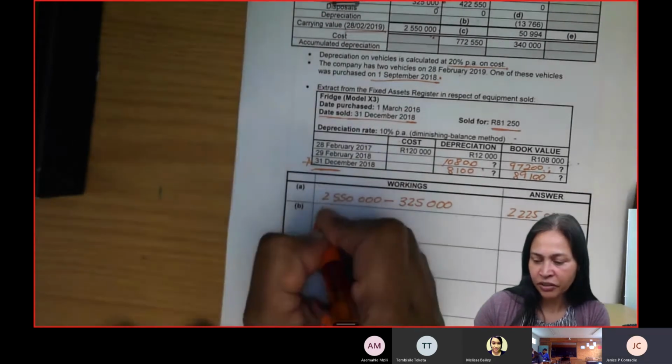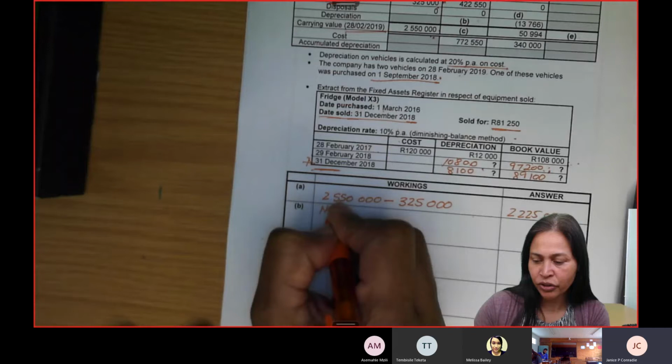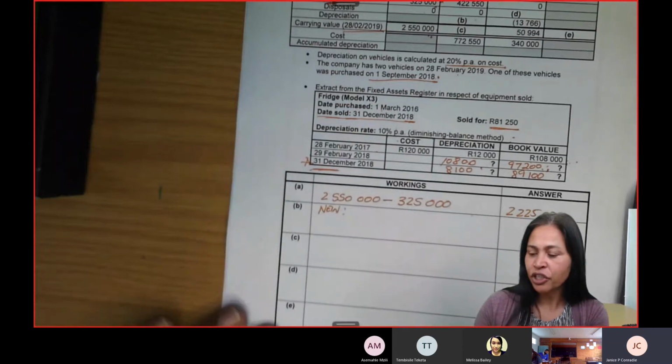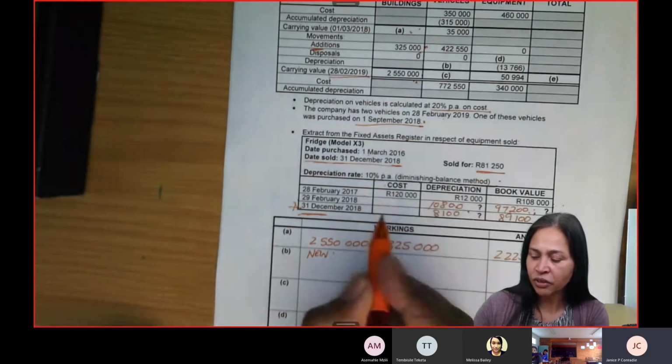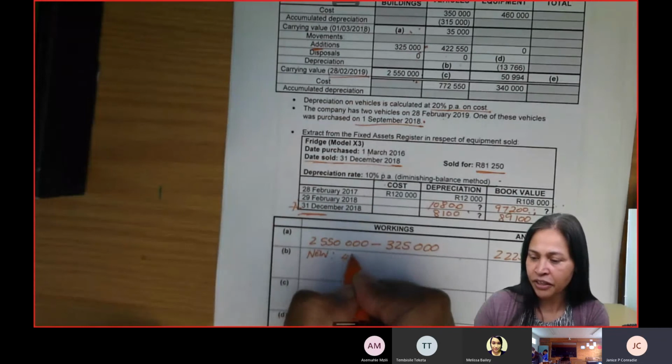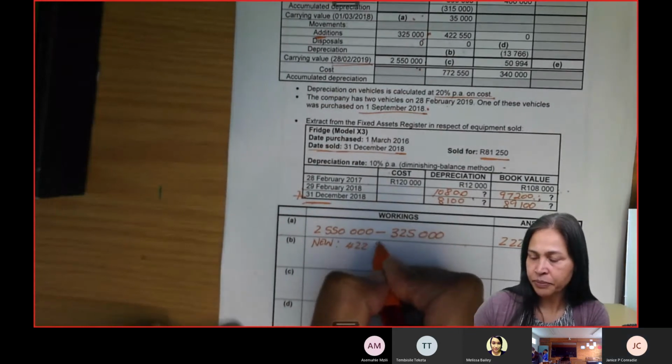So I'll start writing down the information. We're going to calculate the depreciation on our new vehicles. It is on the cost price, and we all know there's my cost price of 422,550. So I can write that down.